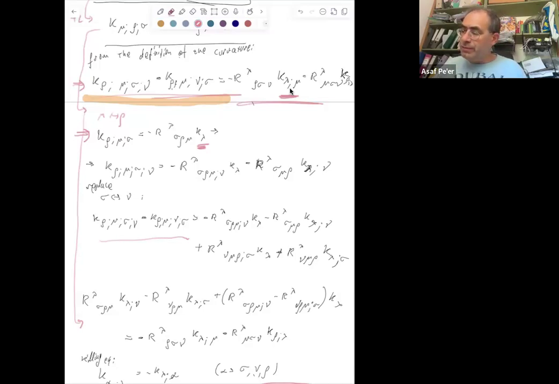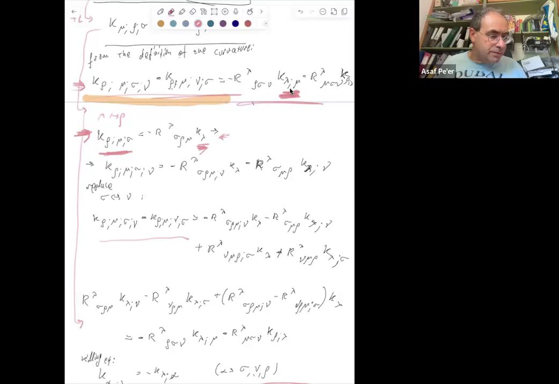So from this equation, we have that the second derivative is also known. This is the vector K_λ. This is the first derivative of K_λ here. And this equation here tells us that the second derivative of K_λ is also known, and this equation tells us the third derivative is also known.